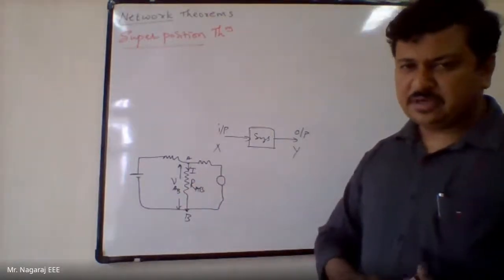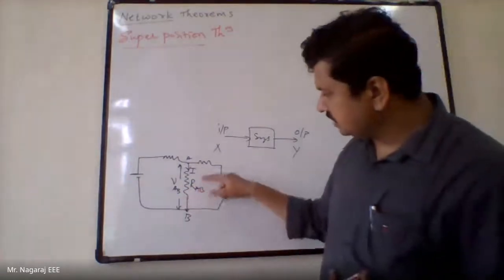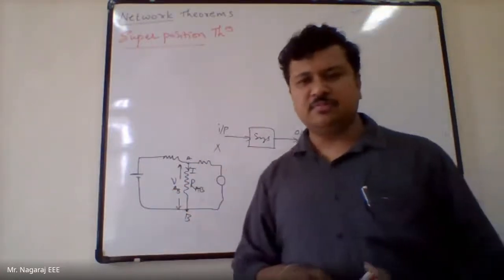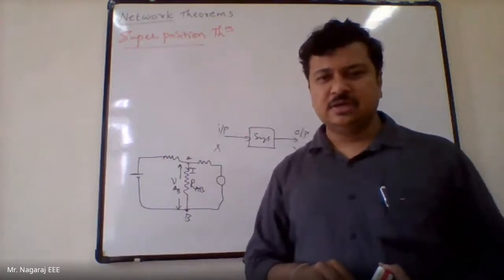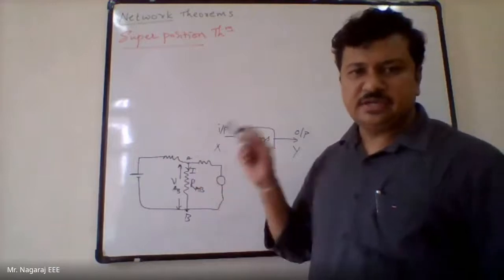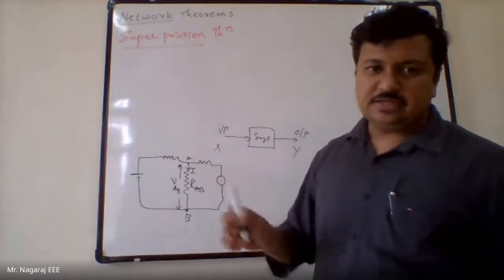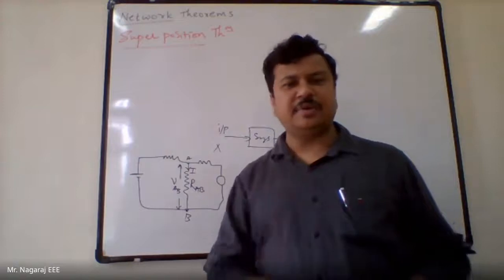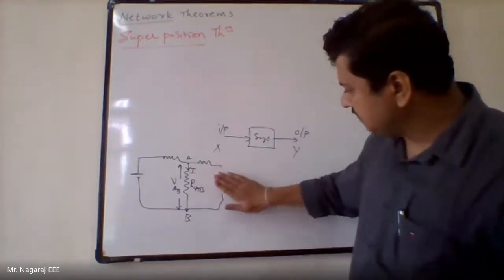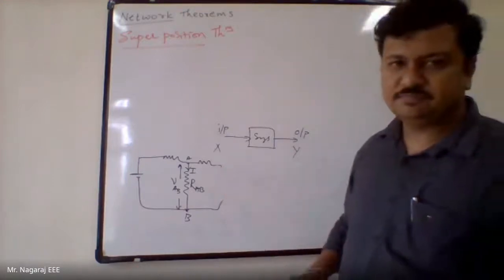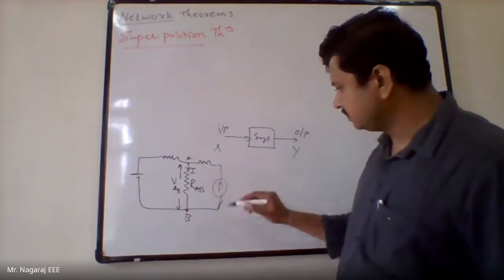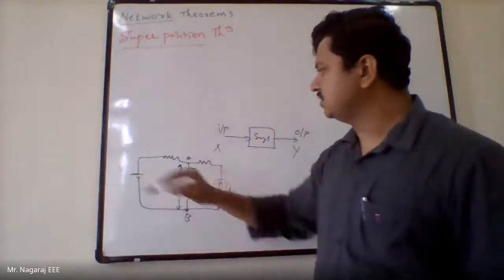So now, if I'm interested to know what is the current in this branch, that is resistance RAB, then as per superposition theorem statement, the response in any element of the circuit is due to each independent source acting independently. It means that suppose I deactivate this source. Suppose this is a current source and this is a voltage source.